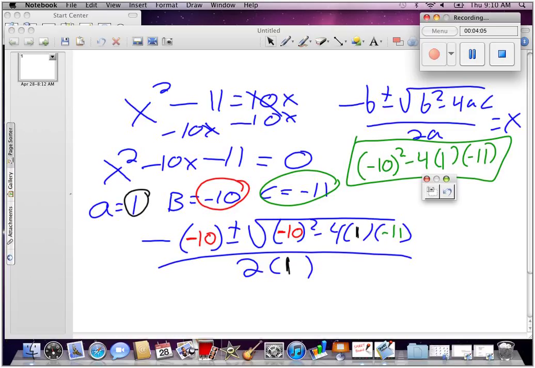What do you get? 144. So now we go minus a negative 10 plus or minus the square root of 144 all over 2 times 1. Does everybody see how that works? If you're confused about how to plug in the calculator, you got to tell me.